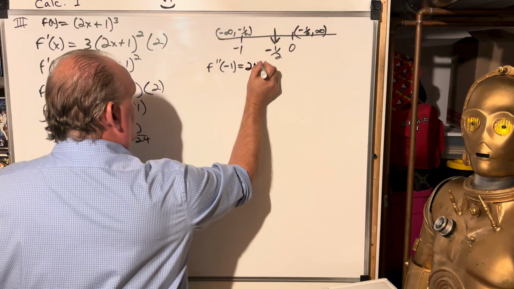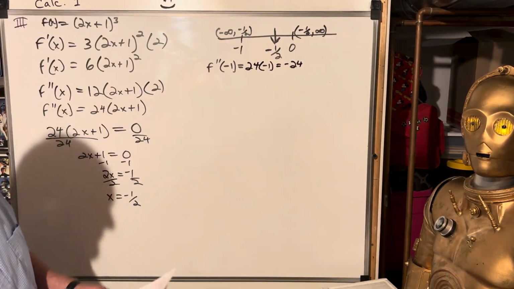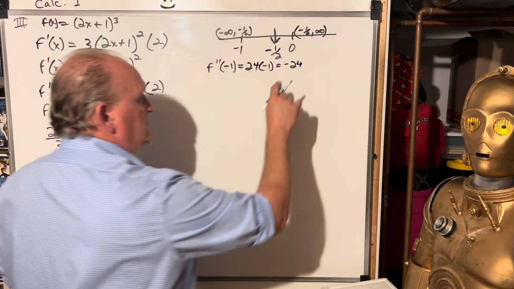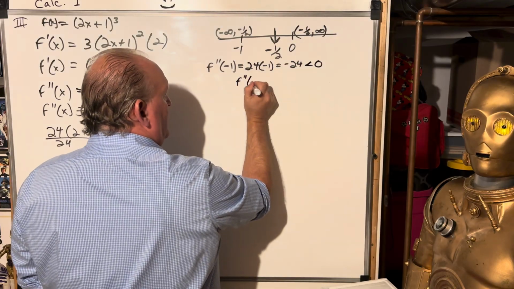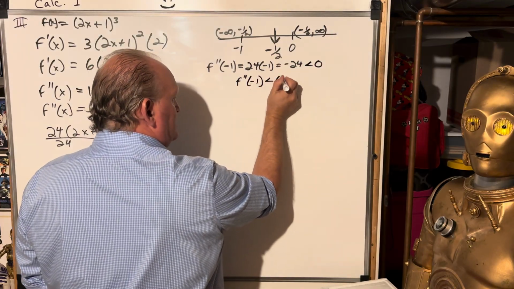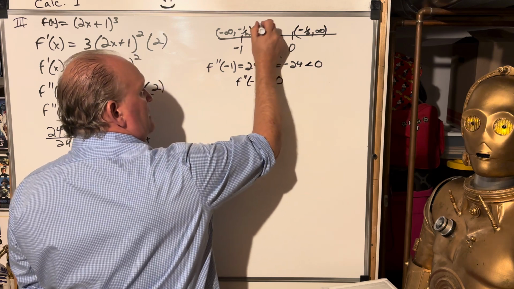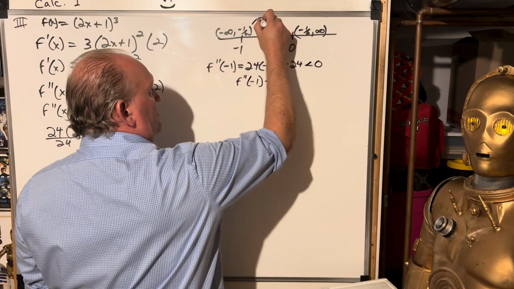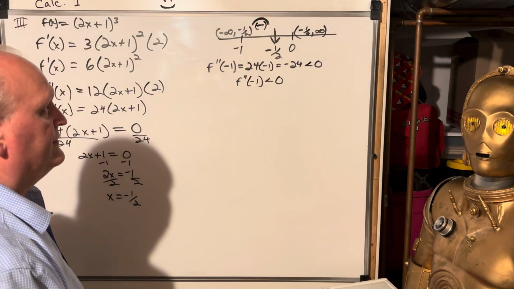So 24 times -1 is -24. And so if you know it's -24, we know -24 is less than 0. So f double prime of -1 is less than 0, which means it's negative, and so it is concave down. Won't hold any water, concave down.